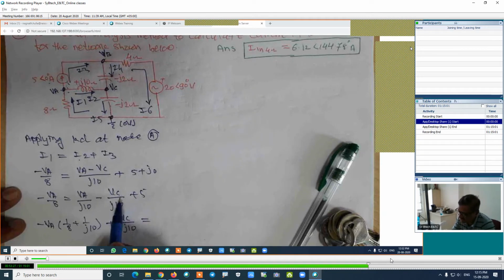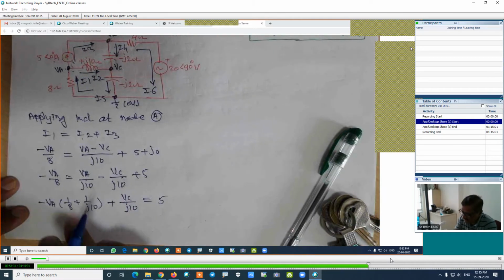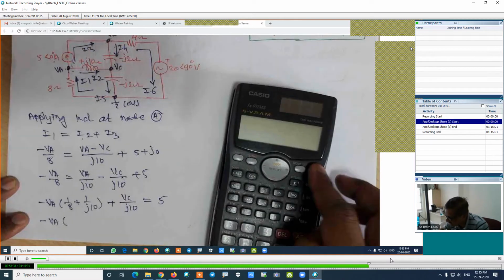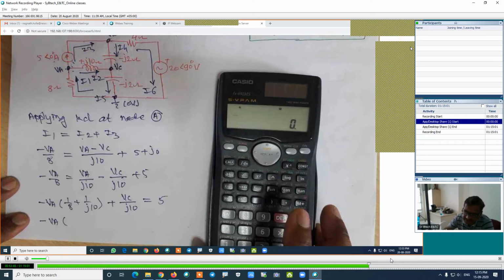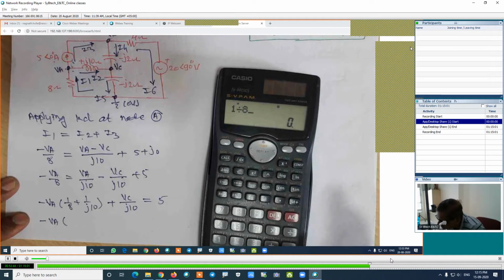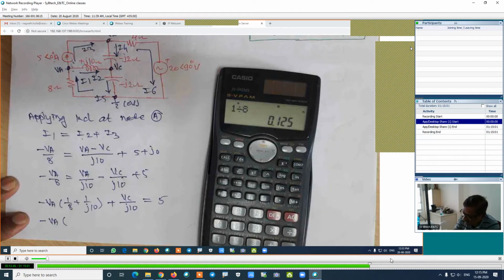We are shifting this value to the left hand side, and this 5 will remain as it is. If we are working on this calculation, it is minus VA inside the bracket. We have to do these calculations. How will be these calculations? It is 1 divided by 8. This value is 0.125.